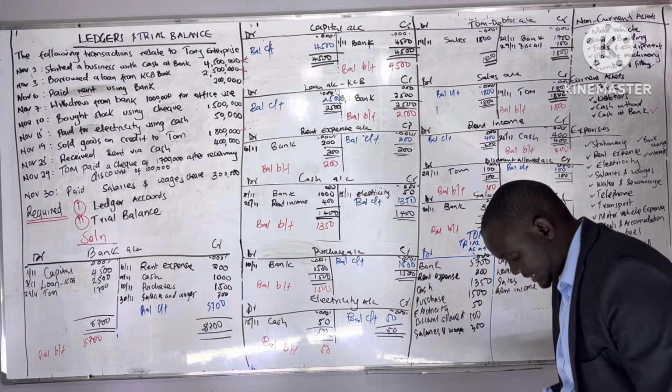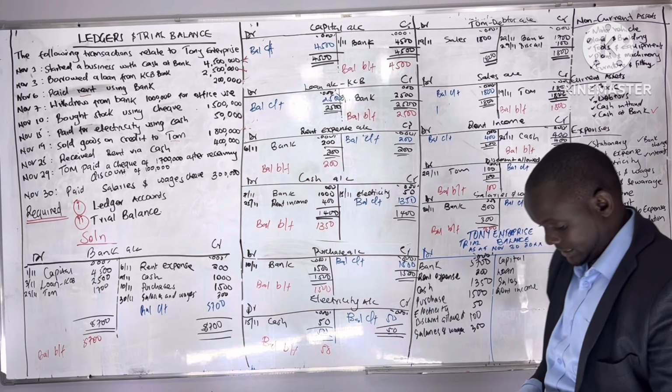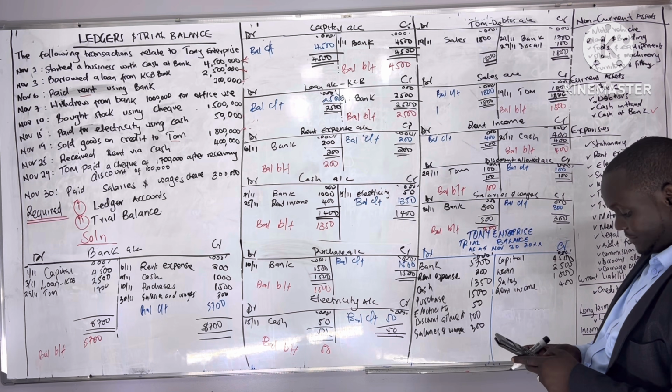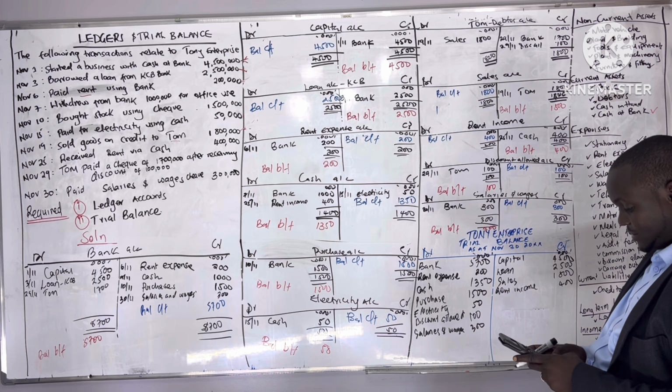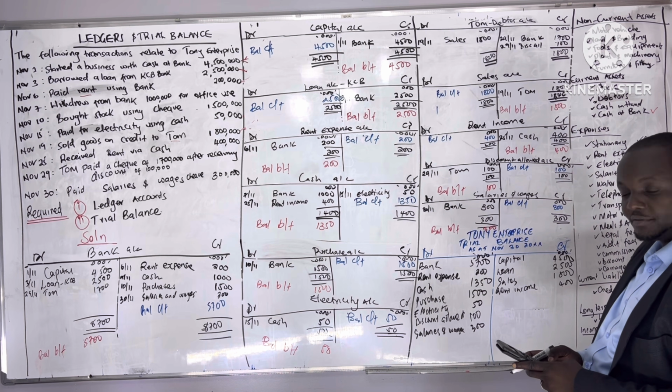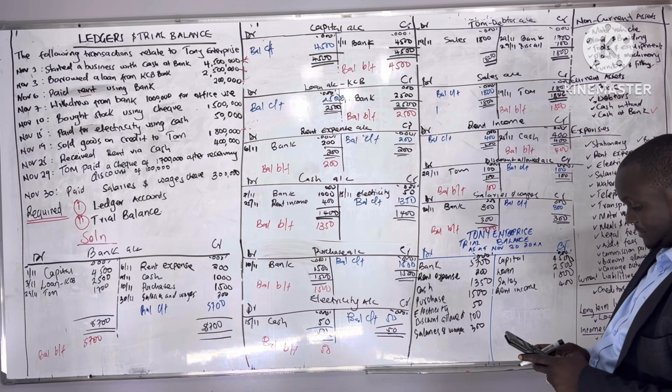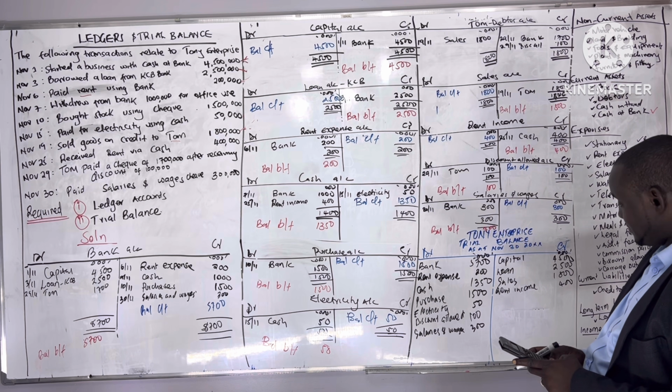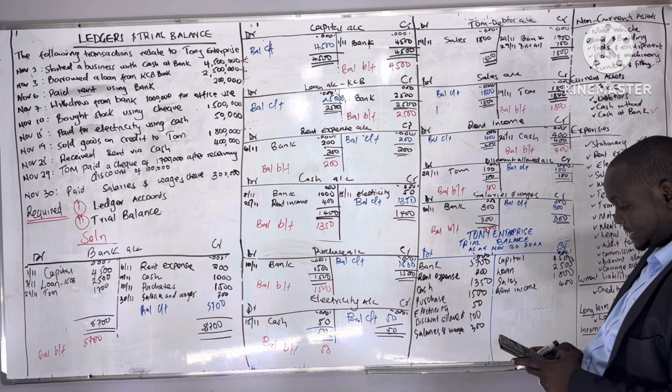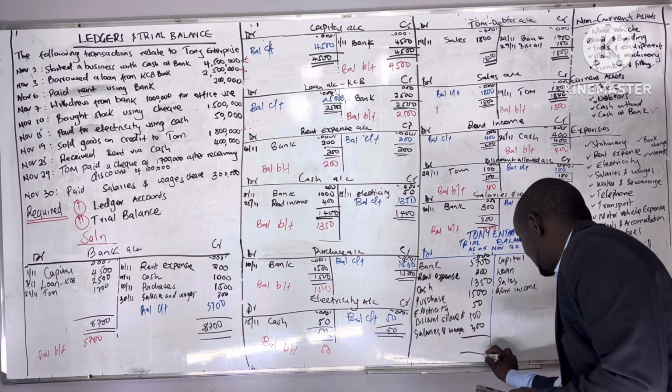Let me get a calculator to see whether it is balanced. So we have 5,700 plus 200 plus 1,350 plus 1,500 plus 50 plus 400. So this is 9,200.